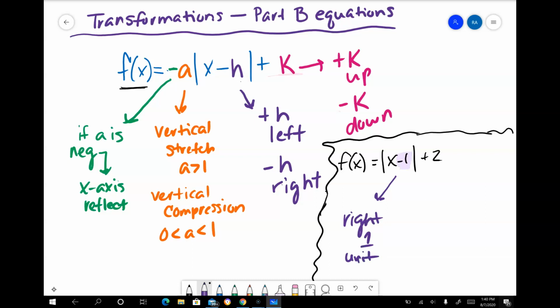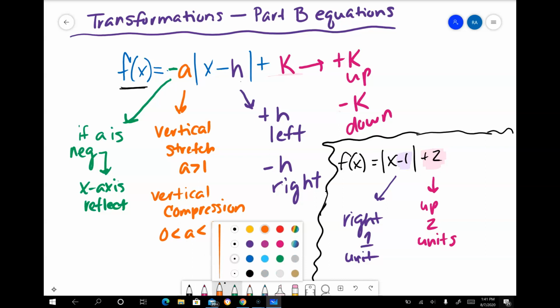Next, let's see if there's a k. And there is a k. The k is a positive 2. Well, a positive k means I go up. So this is saying that the graph went up 2 units. And that's it.